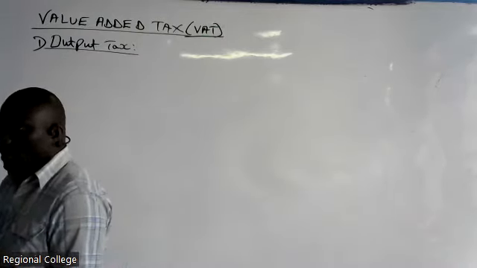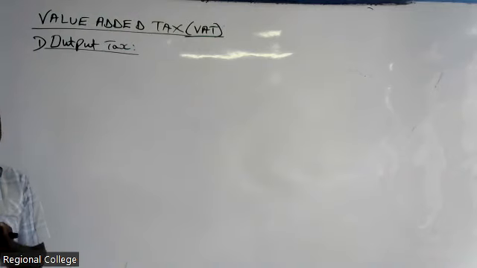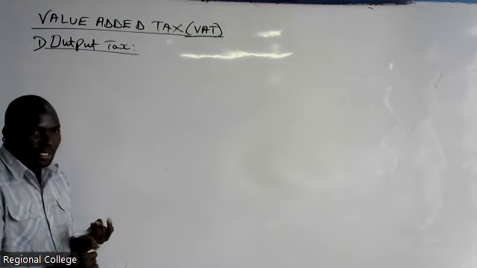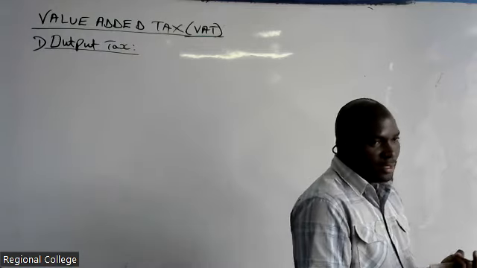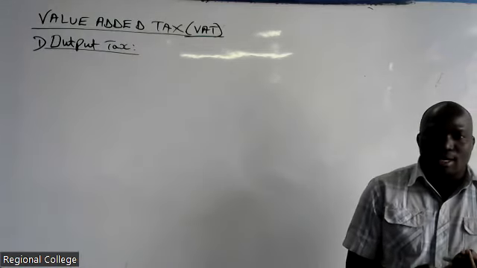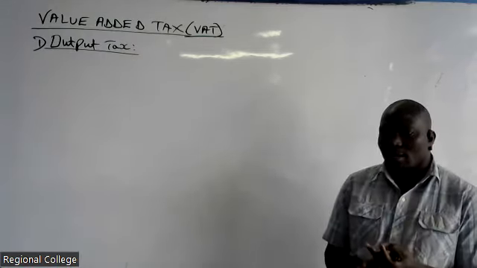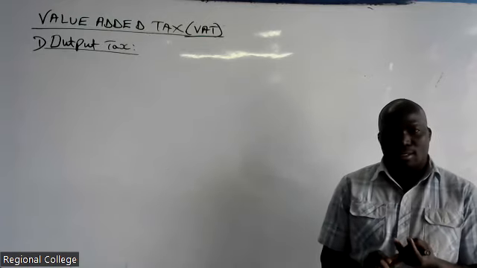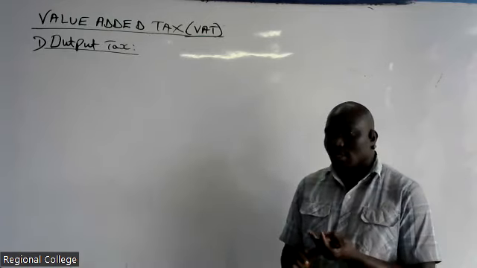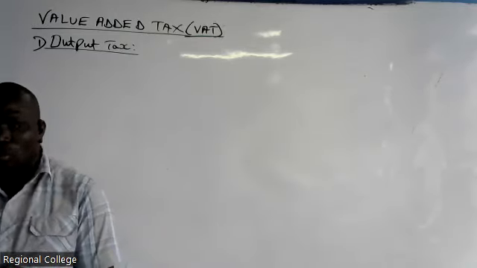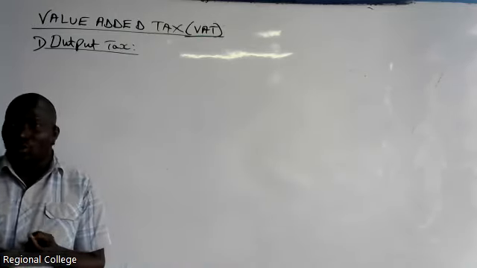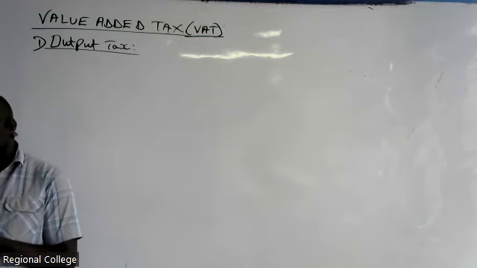Now, when I go to the supermarket and I buy fresh milk, its VAT is 0%, because they say fresh milk is a necessity. But when I go to buy yogurt or mala, they say it is a luxury, and I am charged VAT of 16%. Now, county water is 0%.